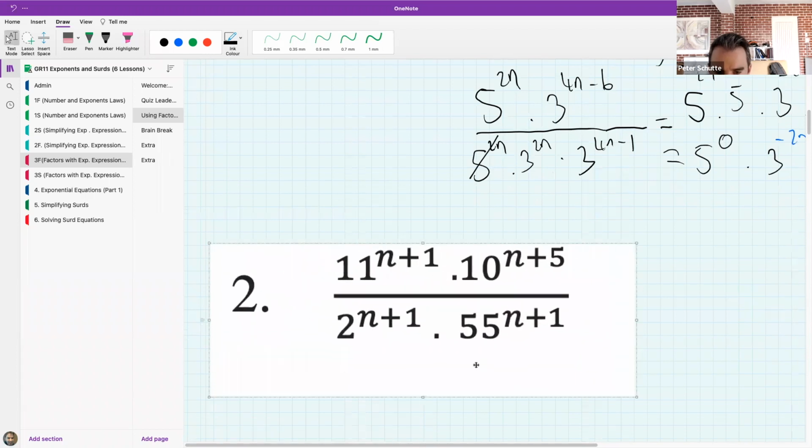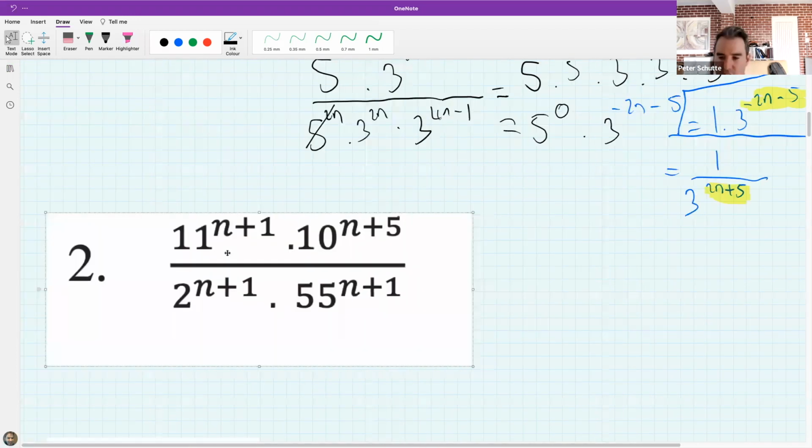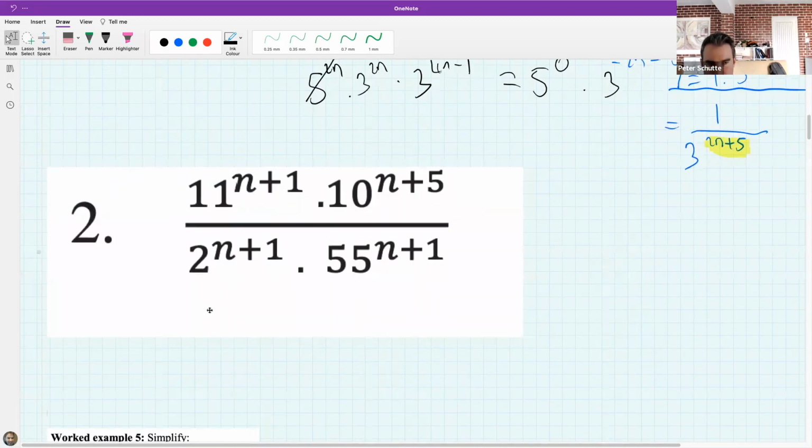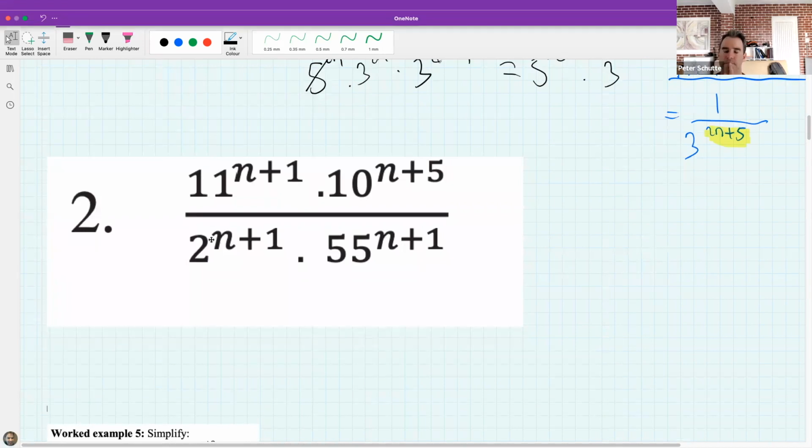I want you to try and simplify this expression for me. I don't think we've done it before. Let me know in the chat if we have. I want you to try and simplify this exponential expression for me. Go for it, guys.